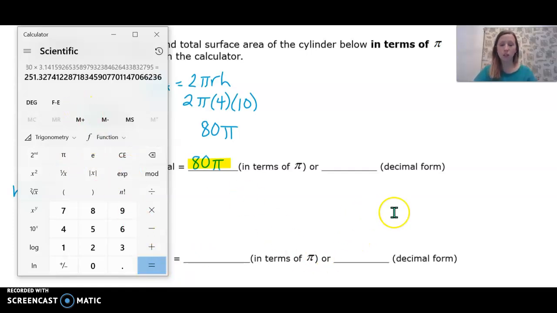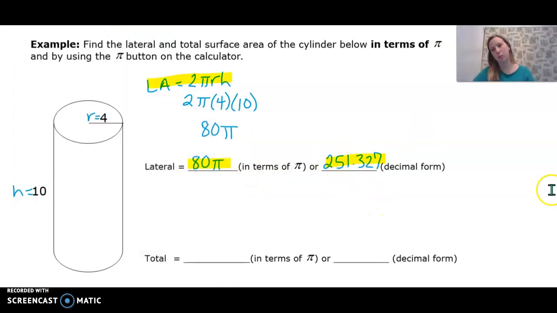And we're rounding to 3 decimal places, so it's going to be 251.327. Okay, so that is our answer for lateral surface area. You can see it here in terms of pi, and then here as a decimal.